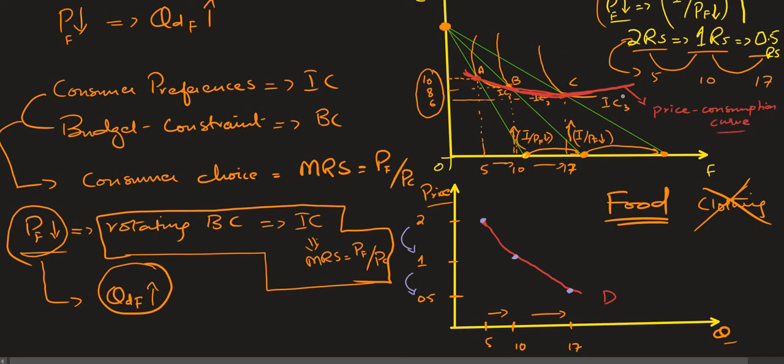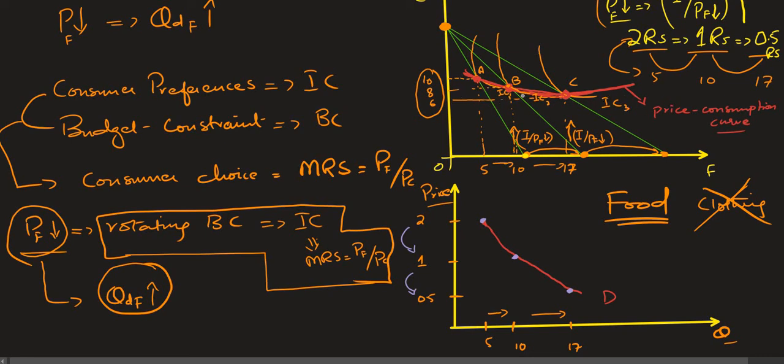This curve is showing us all those points of maximum satisfaction, on which the combination of food and clothing is where the consumer is having maximum benefit, and these points are changing because of a change in the prices.